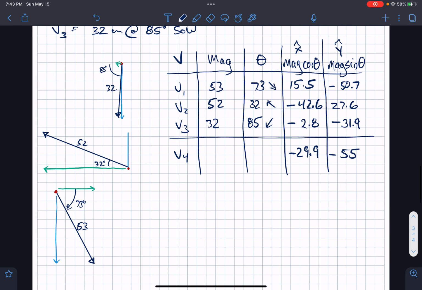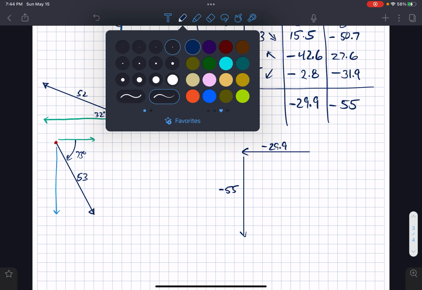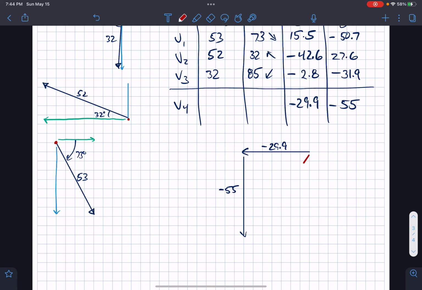So we're saying that the x component of our resultant vector is going to be 29.9 in the negative x direction, and it's going to be, this is definitely not to scale, 55 in the negative y direction. So that means we should be able to solve for our actual hypotenuse, or that is the magnitude.